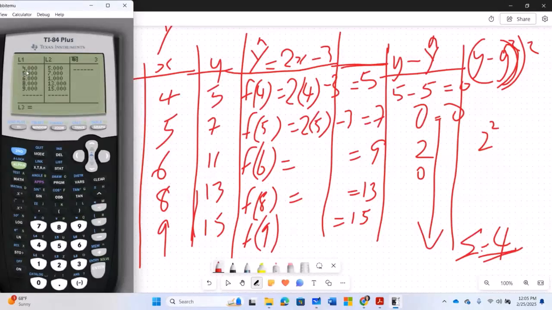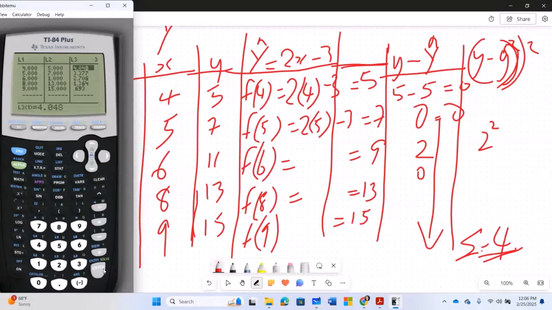I'm going to substitute L1, so I'm going to say vars, y vars, function, y1, and then substitute my L1, parenthesis, second L1. I did it by hand. I'm doing it by calculator also. That way we know how we got that. Okay, so these are the predicted.